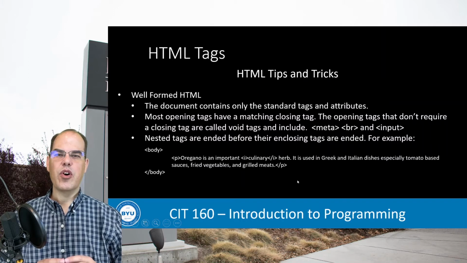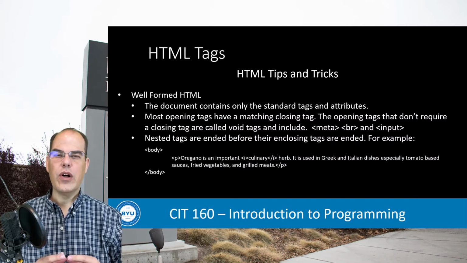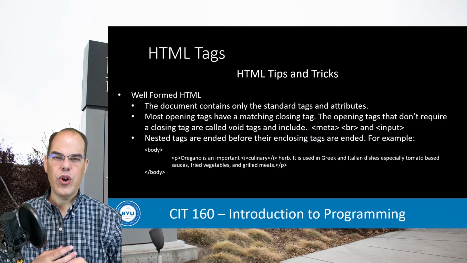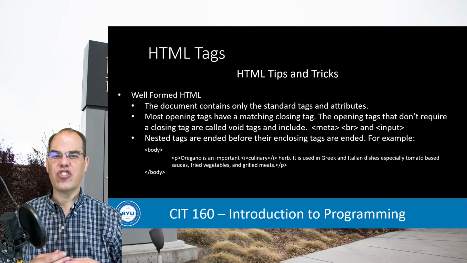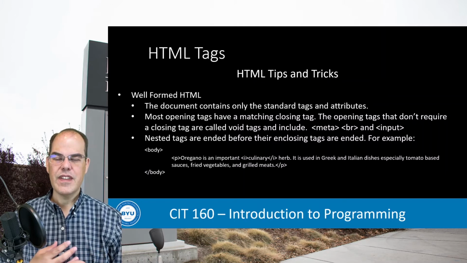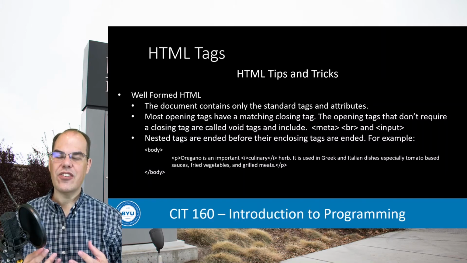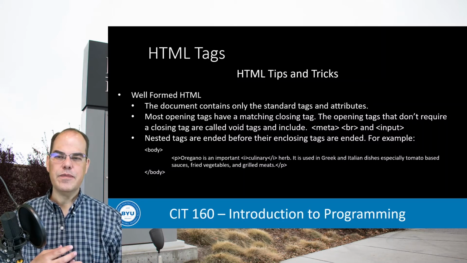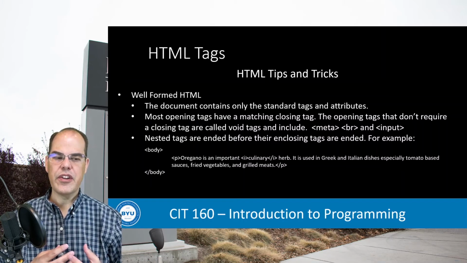So we have a concept called well-formed HTML. So there's HTML, and then there is well-formed HTML. Okay. A lot of times your browser, like Google Chrome, will be able to figure out what you meant, but it doesn't necessarily mean it's good HTML. And so an HTML document that is well-formed only has standard tags. These are tags that are part of the HTML language, and all the browsers will be able to understand them.